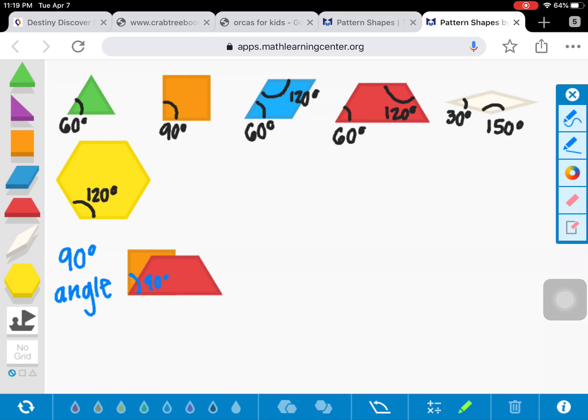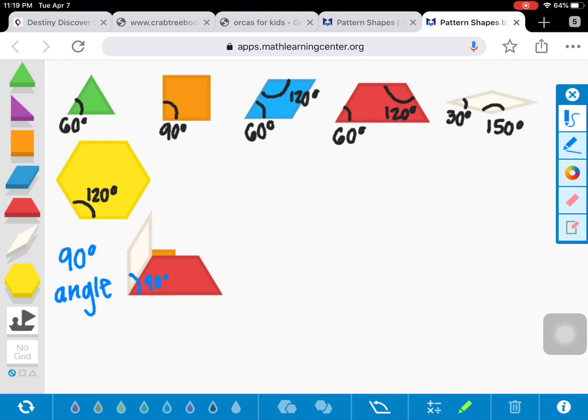So I'm going to take a look and decide which of my pattern blocks over here would be the best to fill this out. I'm going to go with the small rhombus. I know I need to turn it a little bit, bring it down. And it looks to me like those two fit together perfectly to create a 90-degree angle.